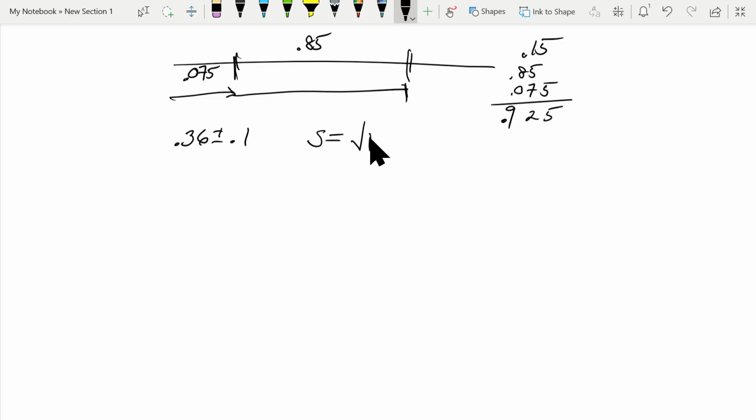Square root of p times 1 minus p. 0.36 times 1 minus that, 0.64. 1 minus 0.36 is 0.64. Square root of 0.36 times 0.64 is 0.48.